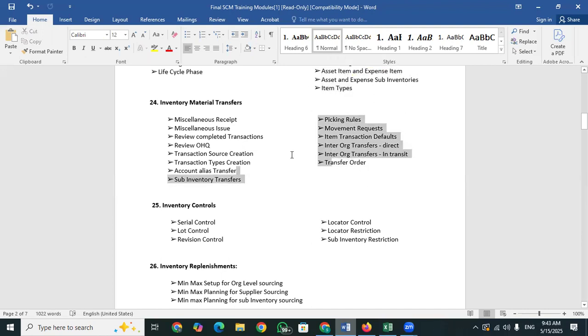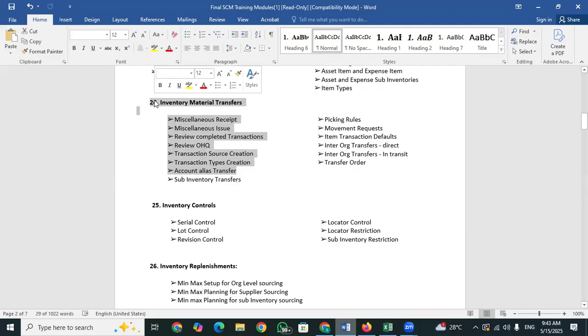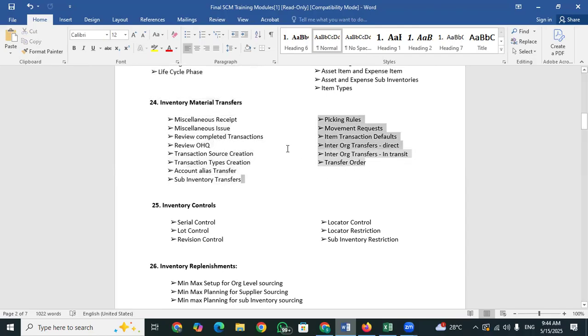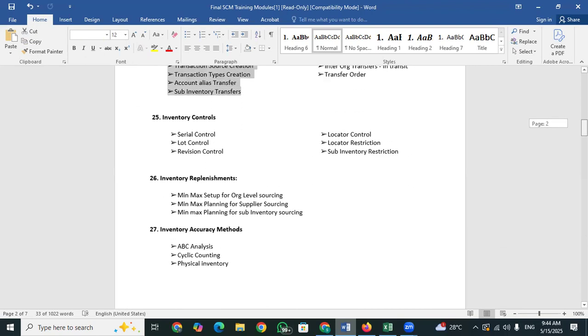We have a lot of inventory transactions, which we perform based on the business. If it is a pharmaceutical company, a manufacturing company, an automobile company, or a gold or jewelry business, how the transactions come into the picture, that we can train on in inventory material transfer.